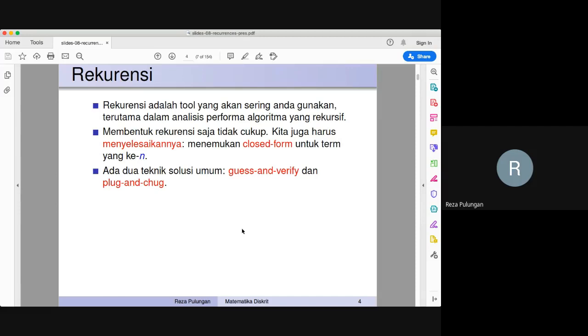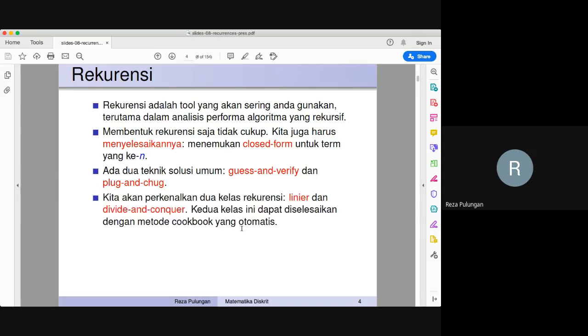Plug and chug does not rely on guessing, so this is a much more robust method. We will also show you two classes of recurrences. The first is called linear recurrences, and the second is called divide and conquer recurrences. There are distinct methods to solve these two classes. We will learn about this later.